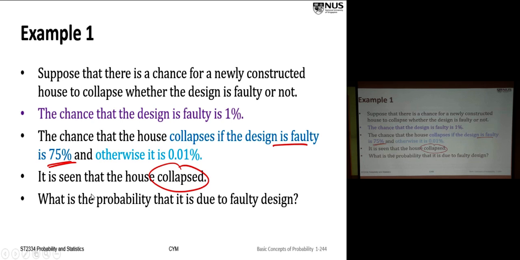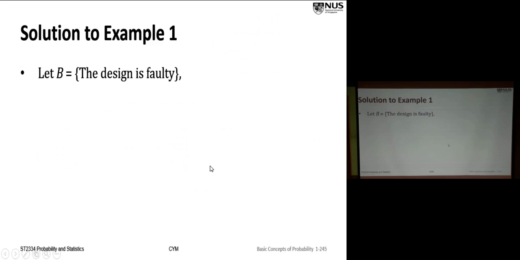If I would like to draw the tree diagram: faulty design or non-faulty design, and then collapse or do not collapse, C and C complement. Now we see collapse, but we don't know which path it went through. So we want to figure that out. B is the design is faulty, A is the house collapse.